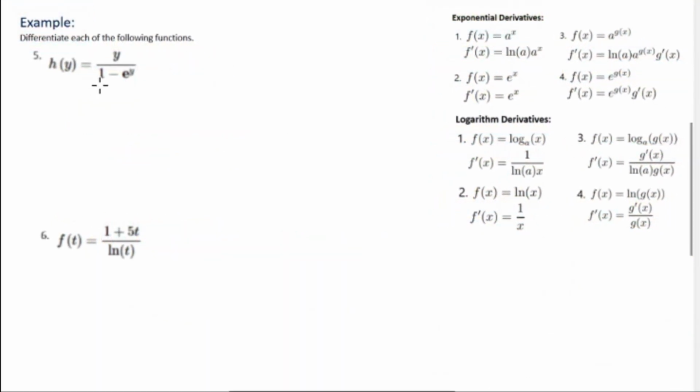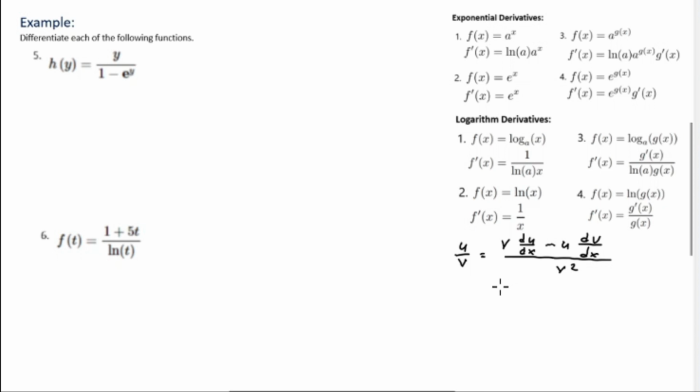Example number 5. The function h(y) is equal to y all over 1 minus e^y. So we will be using the quotient rule. And the quotient rule for u over v is v times du/dx minus u times dv/dx, and divide by v squared.